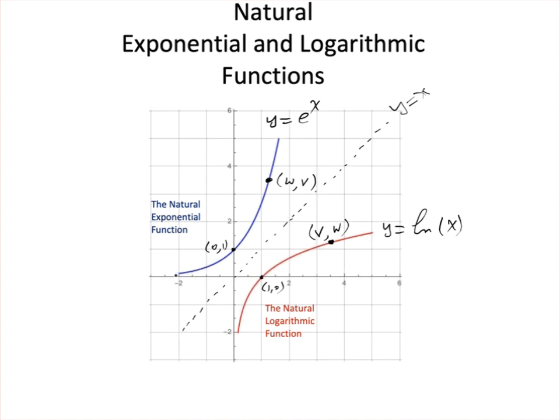As x goes to negative infinity, the graph of e to the x approaches the x-axis, and for ln, as x goes to 0 from the right side, the graph of the ln approaches the y-axis. So that's why the y-axis is the vertical asymptote for the natural logarithm. And that concludes this video.